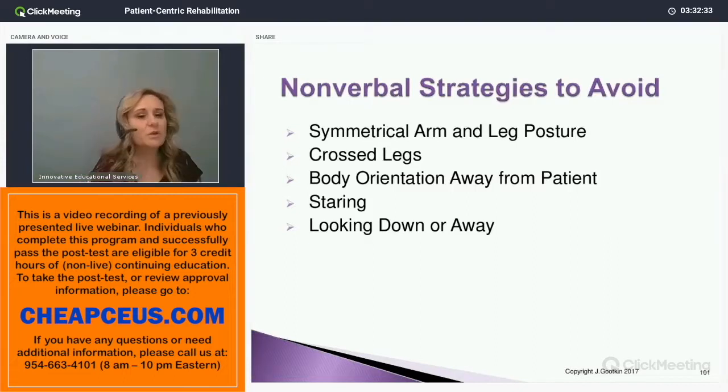Those are negative communication. We need to think about that with documentation now. If you're using documentation on electronic media, if you're very tight and closed in, and your legs are crossed, and you're looking at the screen as you're talking to the patient and you're writing, that very symmetrical, tight, closed in posture comes across as negative, and you're not making eye contact.